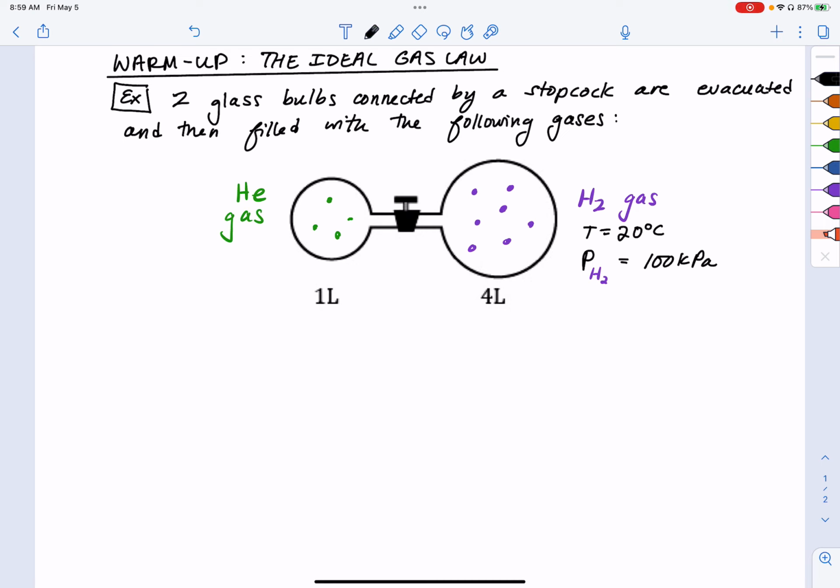And the initial temperature of helium is also 20 degrees C. And the pressure of helium in the bulb on the left is 230 kilopascals.